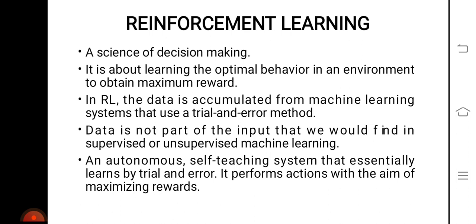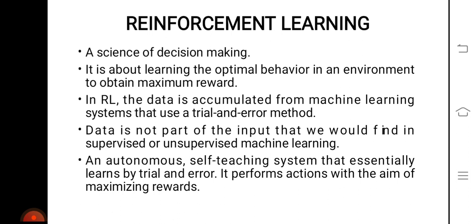It is a science of decision making. It's all about learning the optimal behavior in an environment to obtain the maximum reward. In reinforcement learning, the environment is giving the feedback. From the environment we should get the maximum reward.